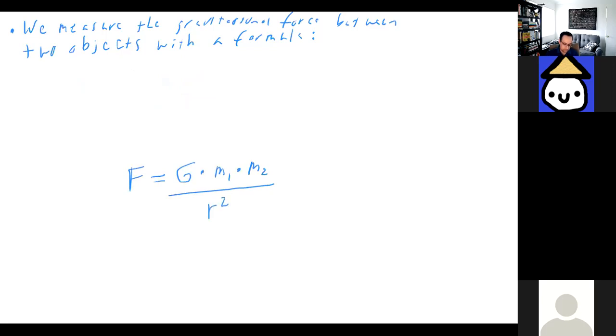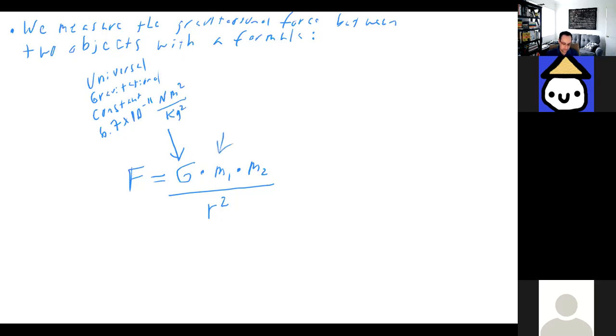Okay, so this G is the universal gravitational constant, and we're going to call it 6.7 times 10 to the negative 11th Newton meters squared per kilogram squared.